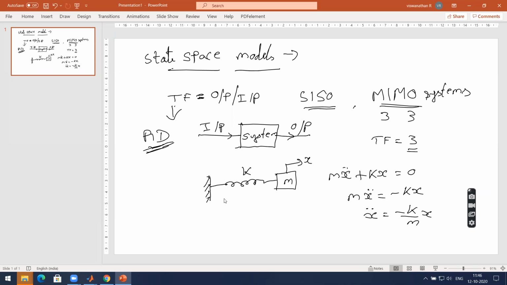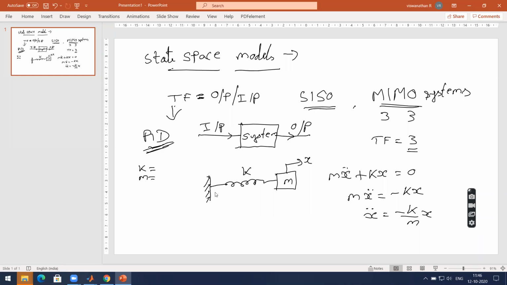What are the variables that you need to know to completely understand the system? Stiffness of the spring and mass. Stiffness is not a variable; k and m are constants, k is fixed, mass is fixed. Now what are the things that you need to know to completely define this system?